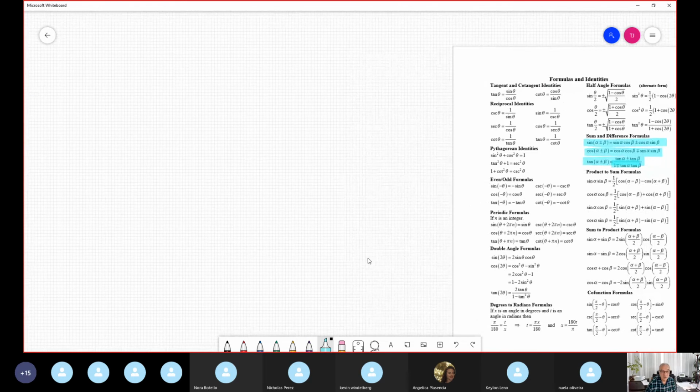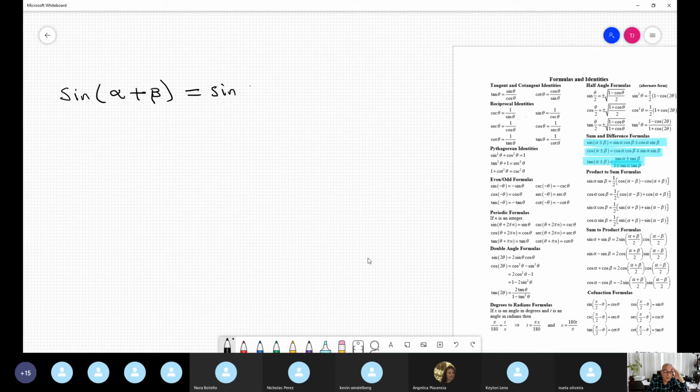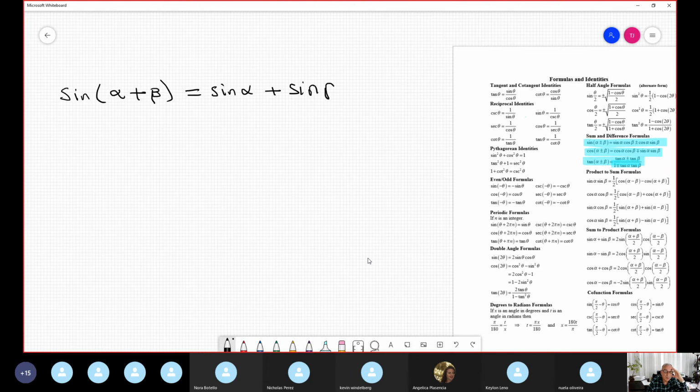Sine of alpha plus beta. Unbelievable, but true. The student tries sine alpha plus sine beta. This is completely wrong. Okay?